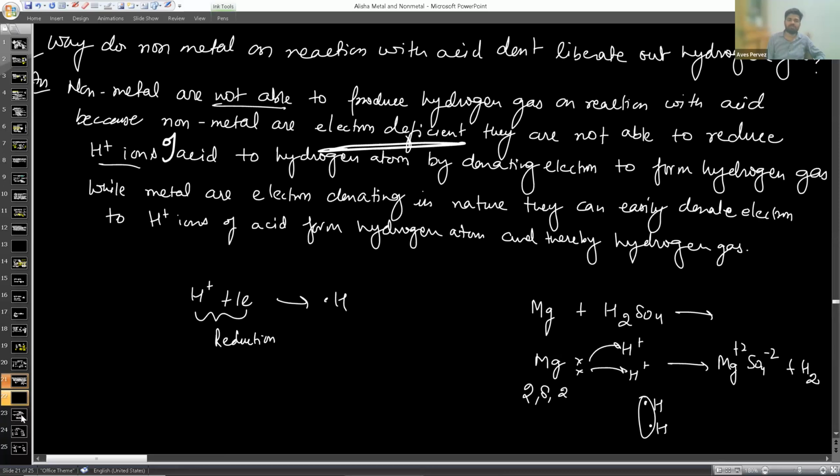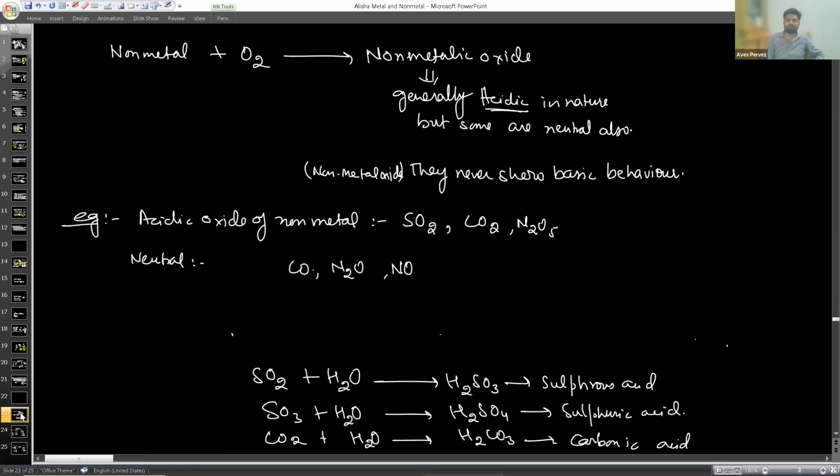So next is metals and non-metals when they react with water and oxygen. They form oxides. Metal oxides are generally basic in nature, but sometimes they show acidic behavior. Non-metal oxides never show basic behavior.